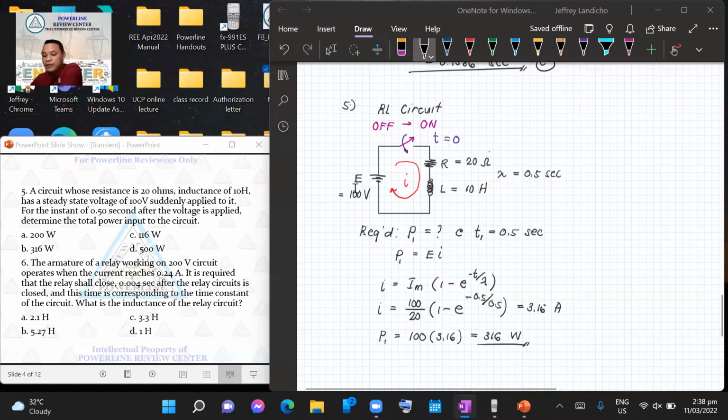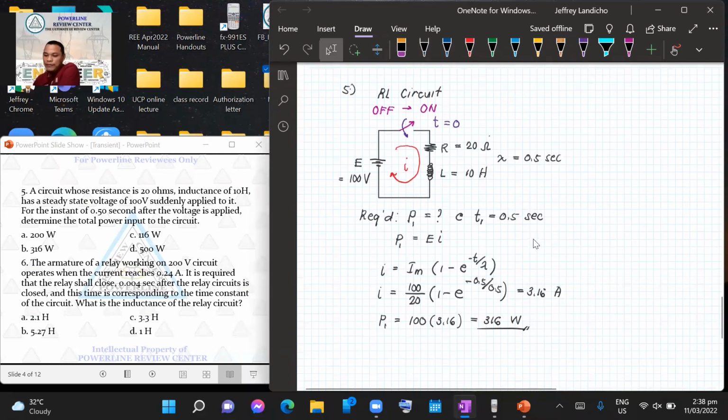When we say input, that is the power supplied by our source voltage E. So that is the total voltage multiplied by whatever the supplied current is in the given circuit. In other words, that is the instantaneous value of our power at time equal to 0.5 seconds, right?